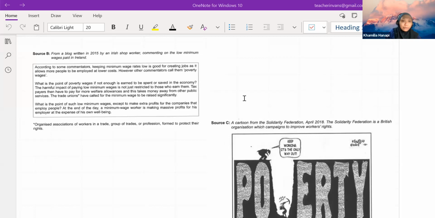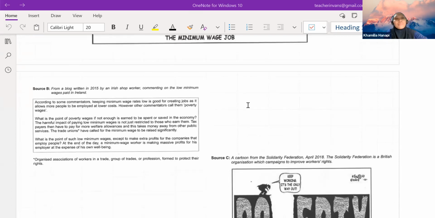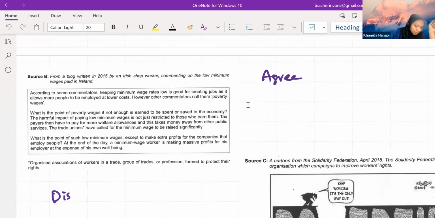In any compare and contrast question, you obviously need to compare. So what are the criteria that you are looking at? What aspects of these things do they agree or disagree? Because the question is agree and because the question is disagree, you must use agree and disagree keywords. Do not use similarity, do not use differences.